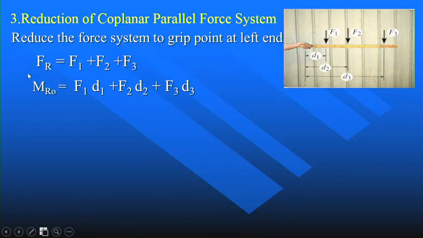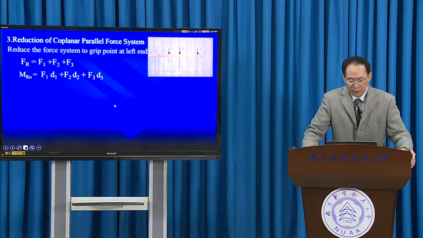So this is the initial reduction, which acts through the left end. The result Fr is acting at the left end. Now, according to the further reduction in the last case, we can make further reduction.